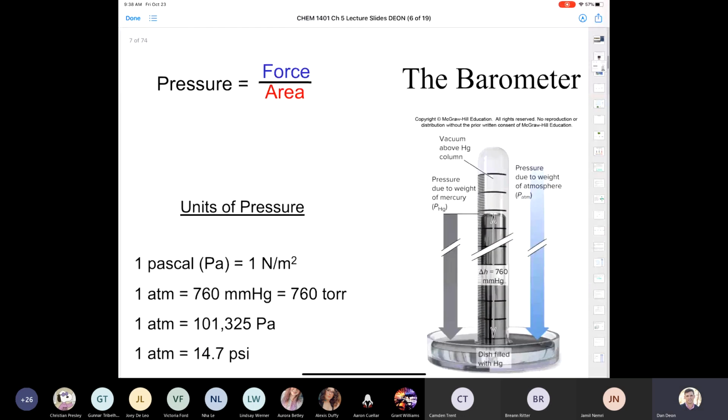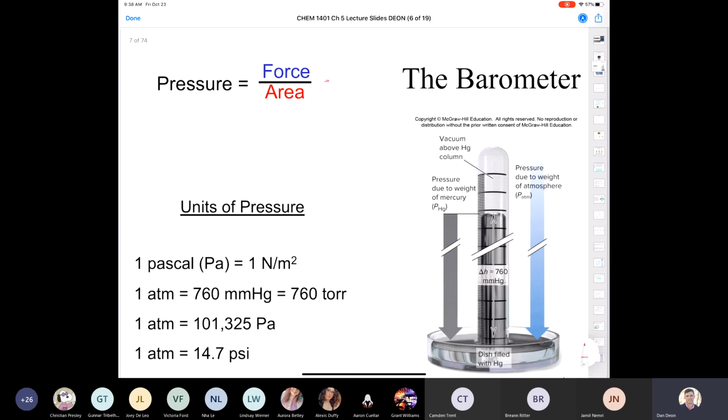So let's talk about pressure for a second and talk about all the different units of pressure that you're going to be exposed to in this class. Pressure is defined as the amount of force per unit area. Now, if you look at the wall of a tire on your car, you probably see that it says PSI. PSI stands for pounds per square inch.